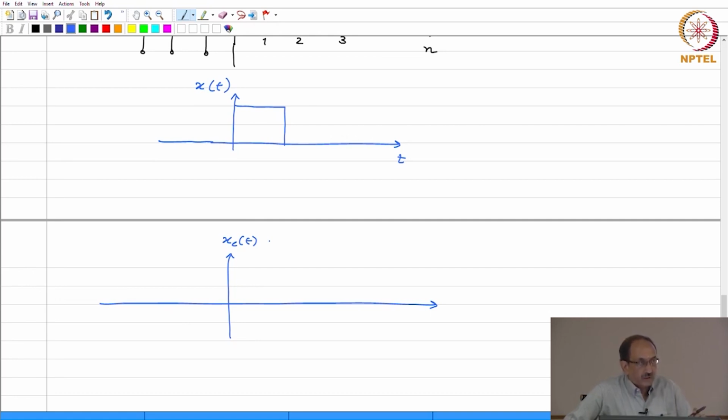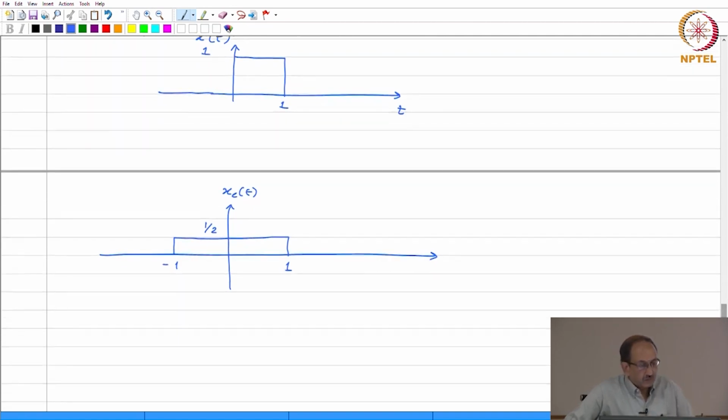The only thing that you need to pay attention here is, before that let me assume that this is 1. And this is half. So this is the even part of the signal. And this is the odd part of the signal, so that when you add these two, you get back your original x of t.